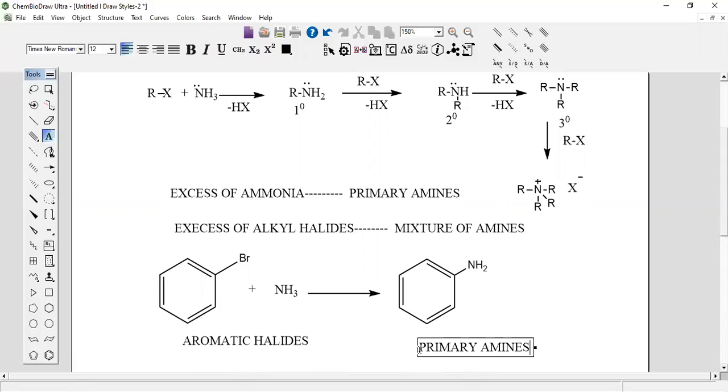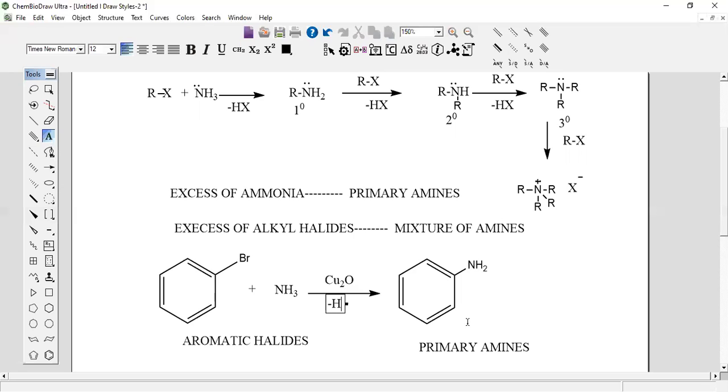Yes, sir. Okay, here we need a reagent, cuprous oxide, and this copper oxide acts as a catalyst. In the presence of cuprous oxide, the bromobenzene will react with ammonia and give aniline.